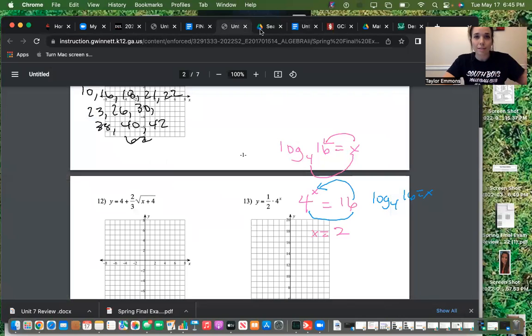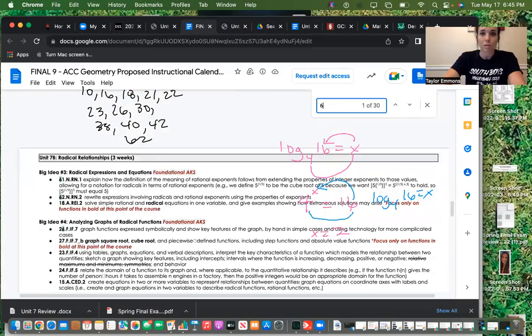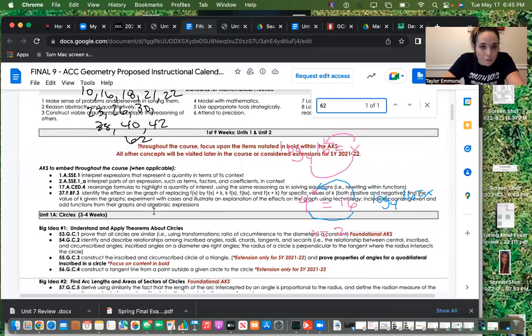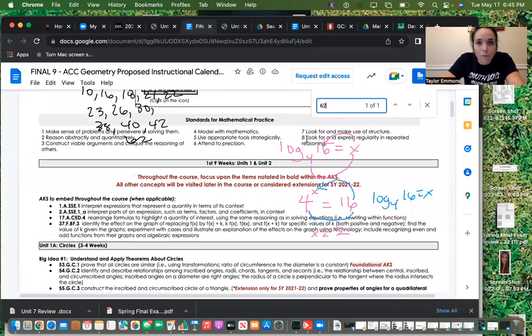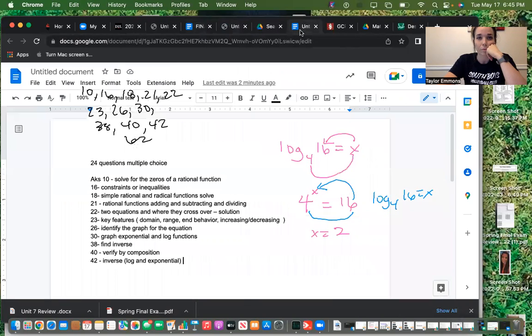All right, and the last section is 62. Rewrite involving radicals and rational exponents. So this is going to be something like rewrite exponent to radical.